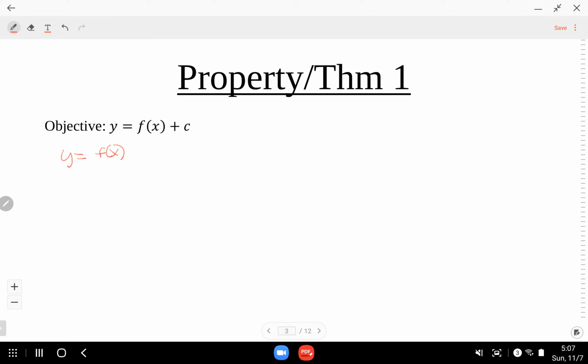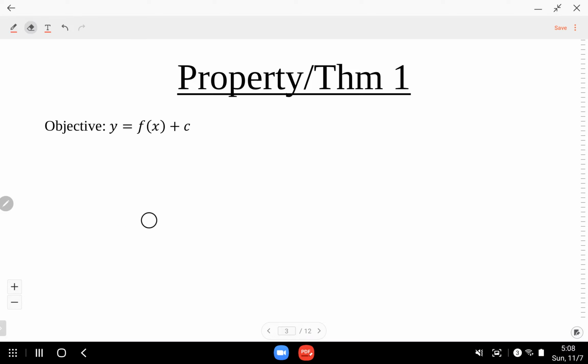So what is y plus c? If we had a y plus c on a graph, let's say we had this graph right here, and the y value at this specific point is 0. If we were to add c on that, then we'd be shifting the graph vertically. So that is how we get this theorem.